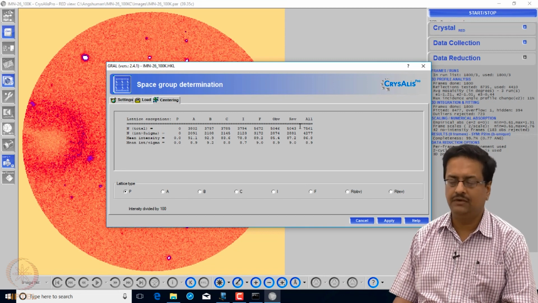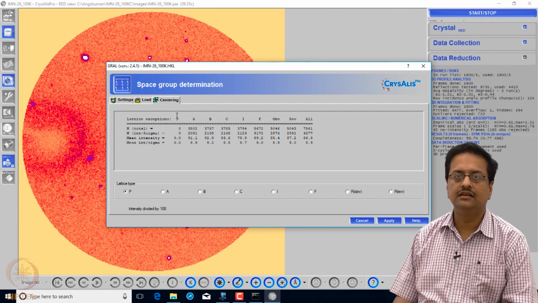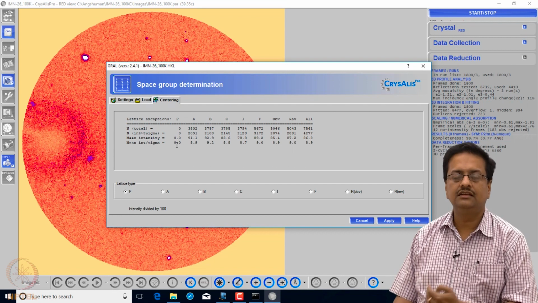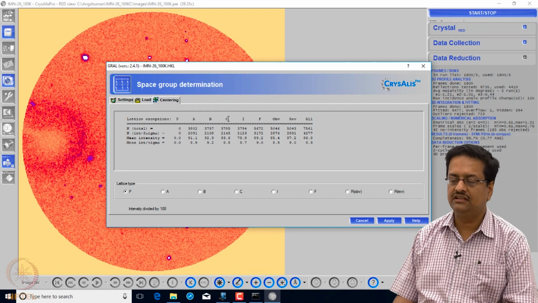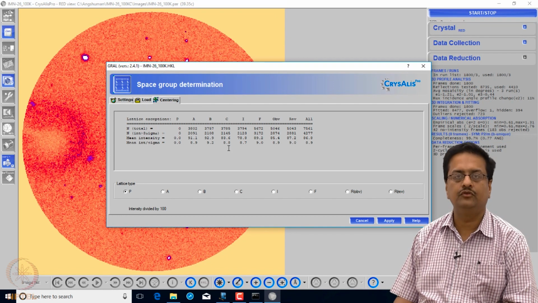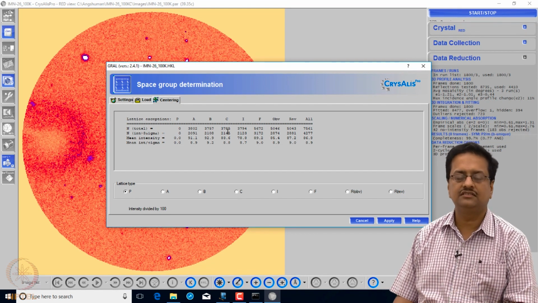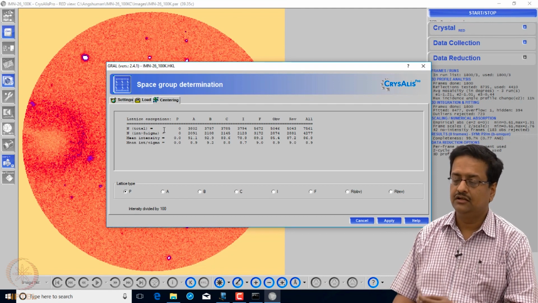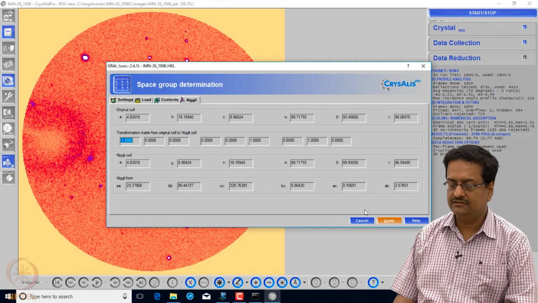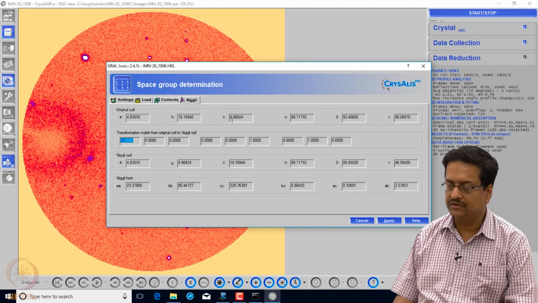If it is met for any lattice centering, it would show zeros on this row, whereas here it shows only primitive P. In case of monoclinic, if it is a C-centered lattice, the entire column would be 0, which means all the reflections for C-centered absence should have been absent, and this number should be 0.